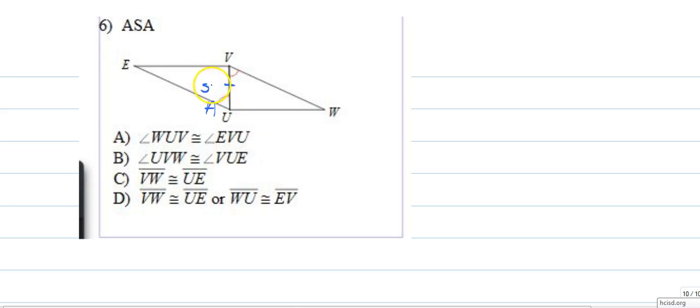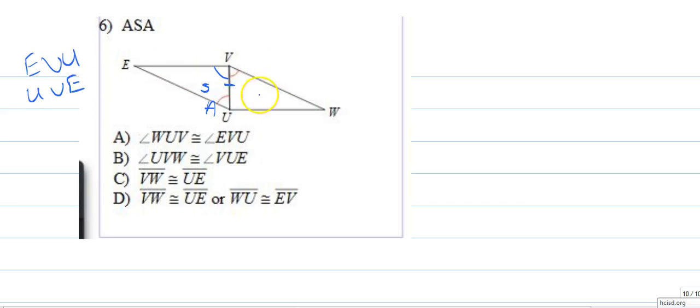This is a side marker symbol. I need the other angle. I cannot put it over here because it's not going to work. I need the angle up here. This angle right here is either going to be EVU, that's one way to name it, or it's going to be UVE, one of those.